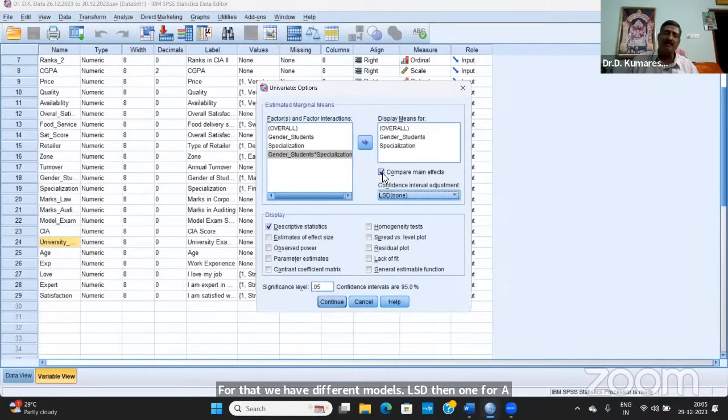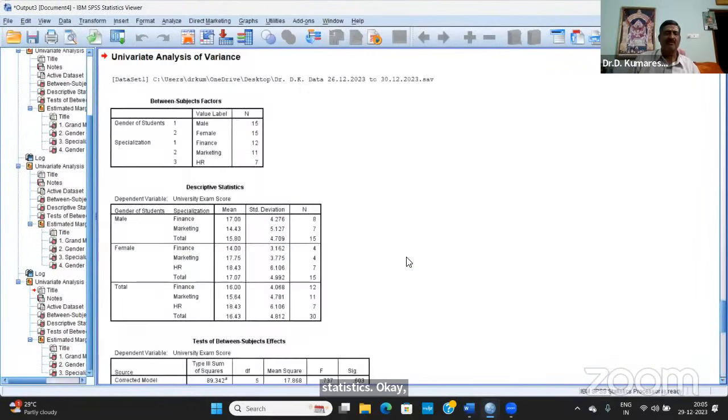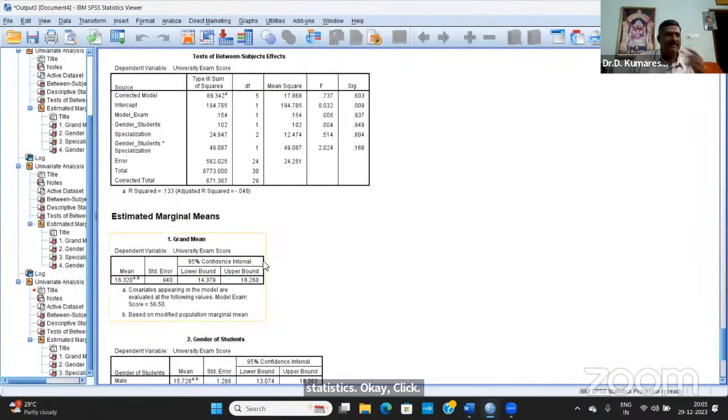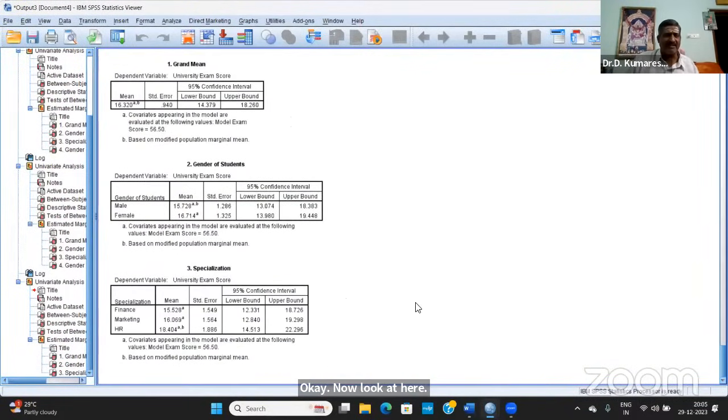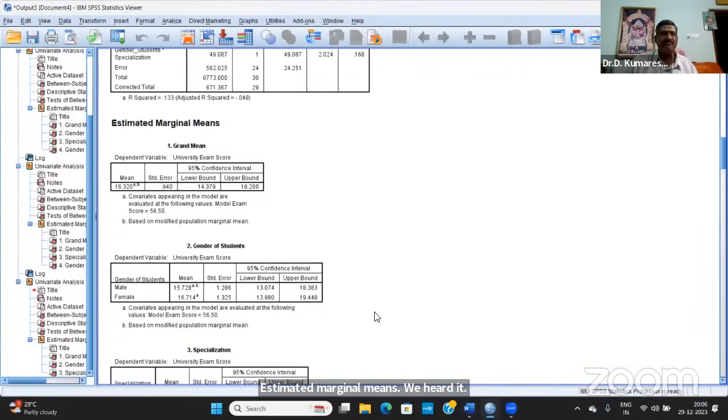But that is further advanced. We are not going for that. So that's all. Then descriptive statistics. Okay, continue. Click OK. Now look at here. Interaction is not made here. Earlier, for finding the estimated marginal means, we had that interaction.